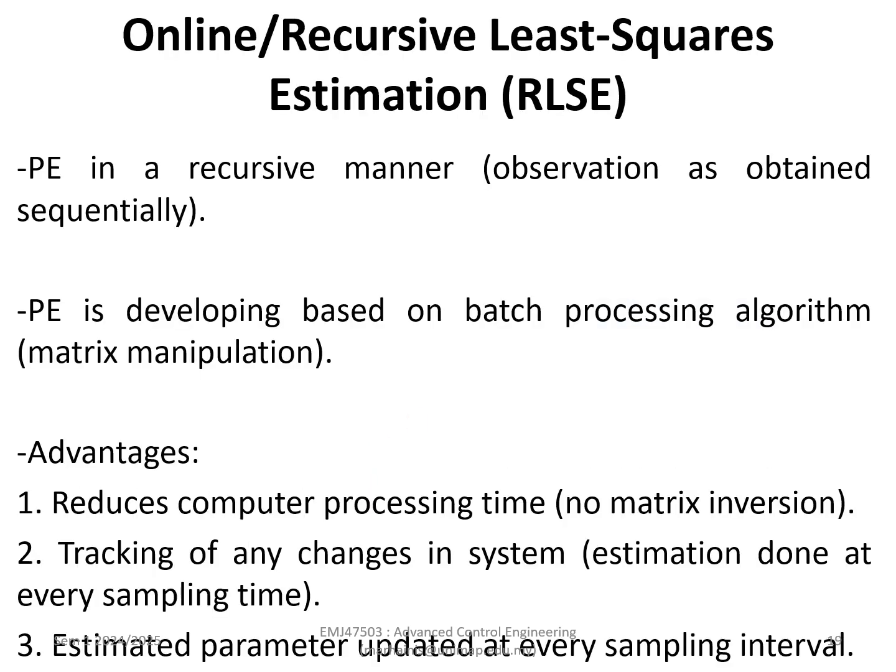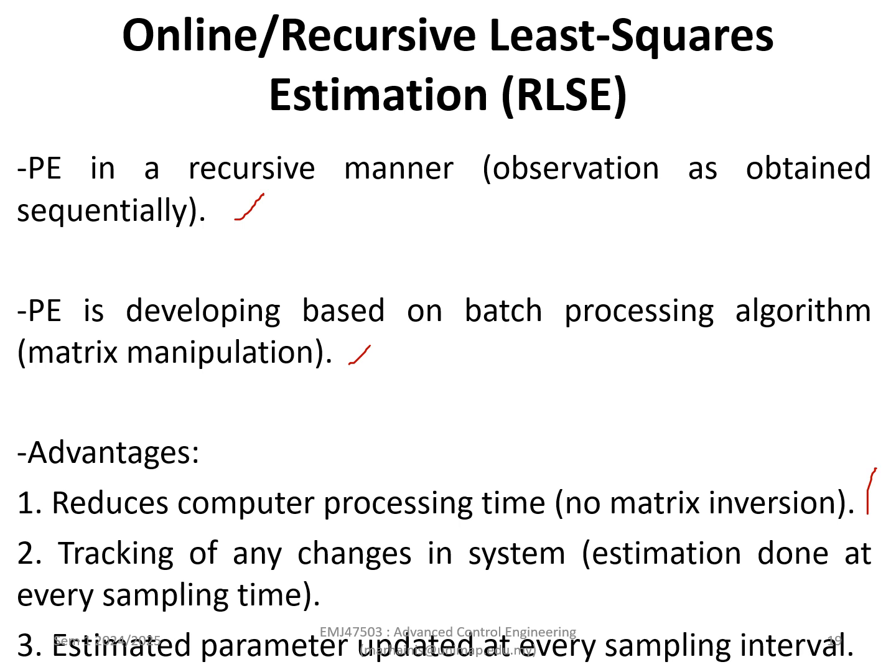Type number 2, online recursive least square estimation. In online processing, the parameter is estimated in a recursive manner as the observations are obtained sequentially. The recursive least square algorithm is developed based on the batch processing algorithm using symmetric manipulations. This significantly reduces computational time and effort since there is no matrix inversion involved.